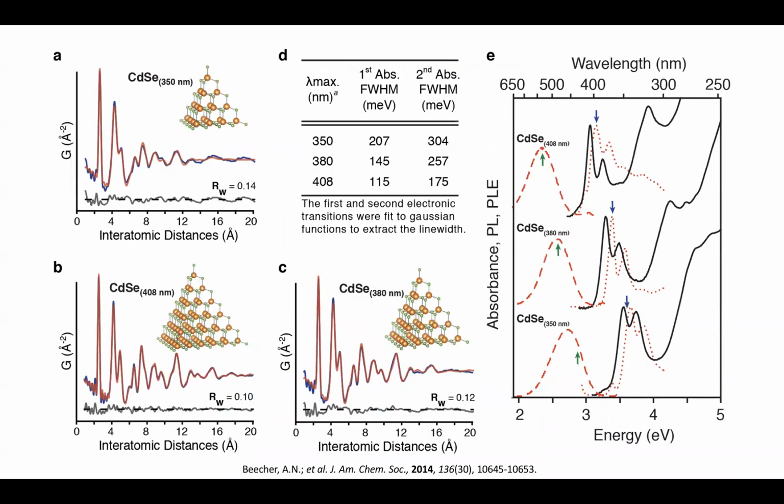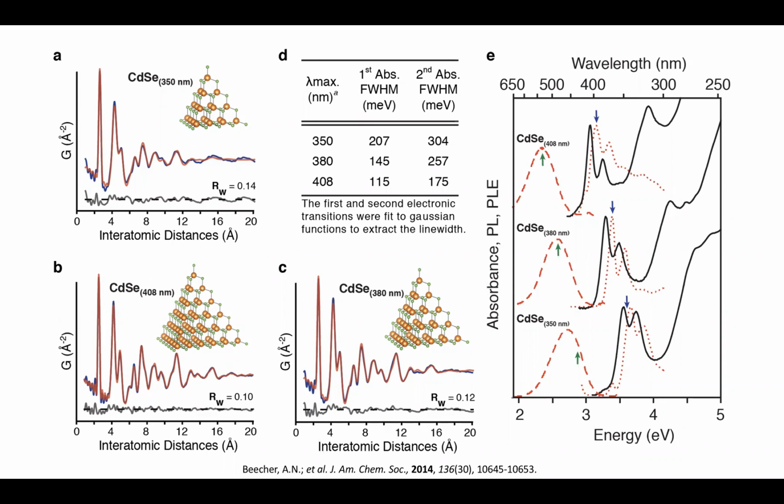I'm getting a little bit ahead of myself here, but in fact, each of the various sizes that are grown in this experiment where you heat the solution and it converts to another size can be well described by these pyramids. Each one of these patterns that you're looking at here is something called a pair distribution function. It's an X-ray scattering experiment, and it provides a histogram of nearest neighbor distances.